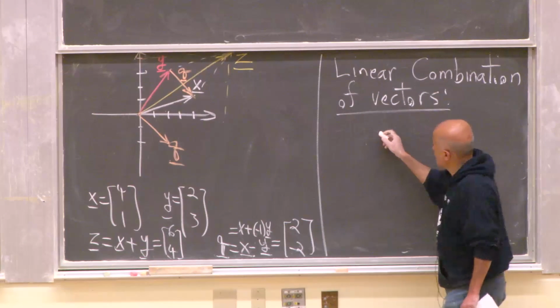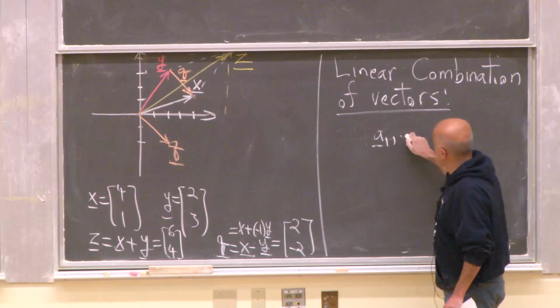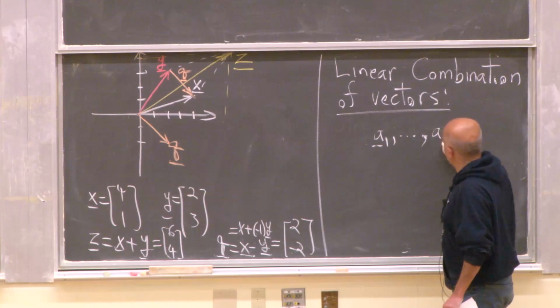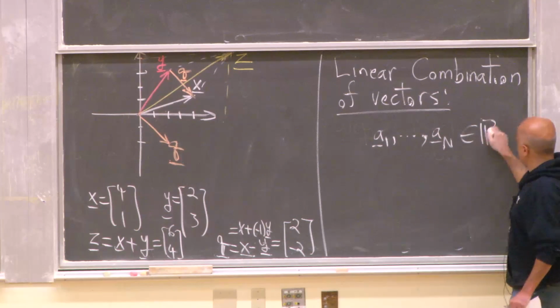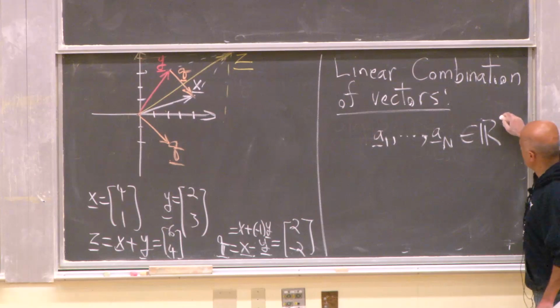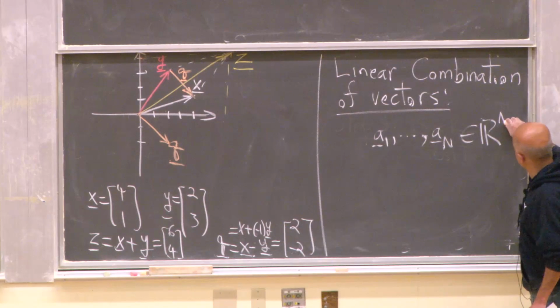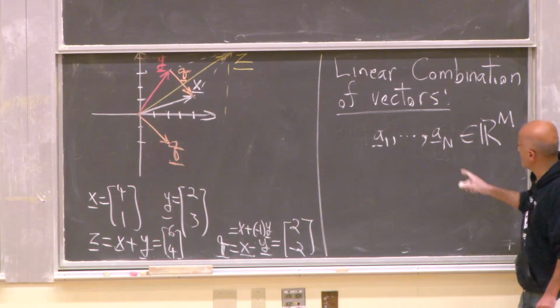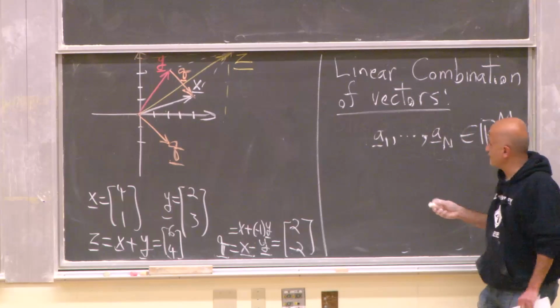So if I have a bunch of vectors, a1 through an, let's say these are in Rm. So I have n vectors in Rm.